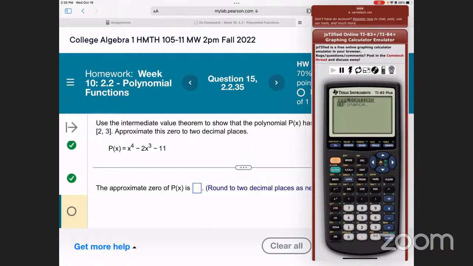Log. Nope. Okay, let me just do this. X to the 4 minus, oh, what if I do it over here? Okay, minus 2. Now I got to find x. Because it's not that one. See if I can find it. That's 10. It's not those.